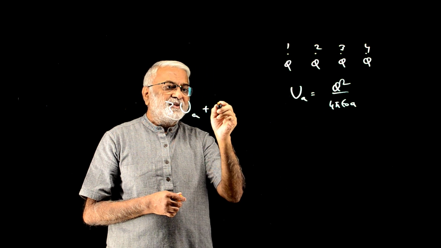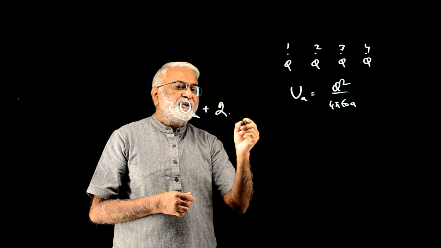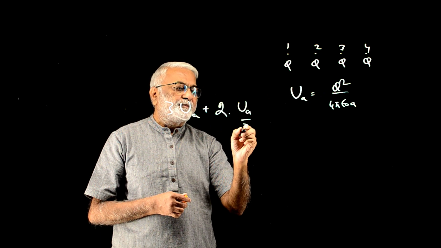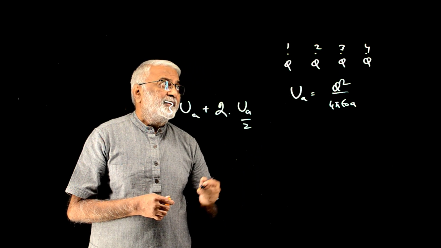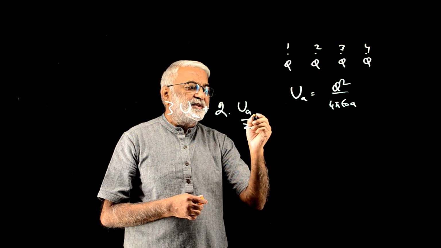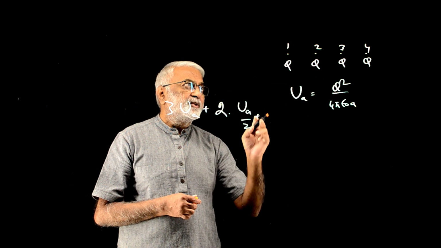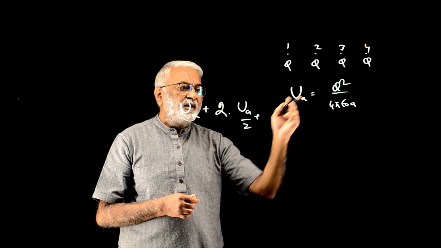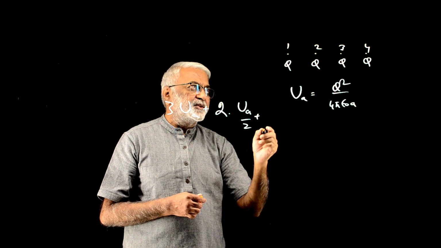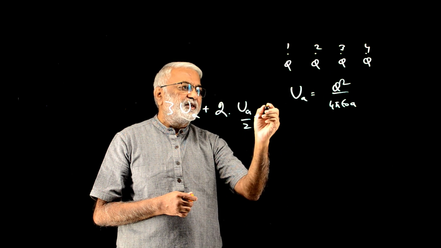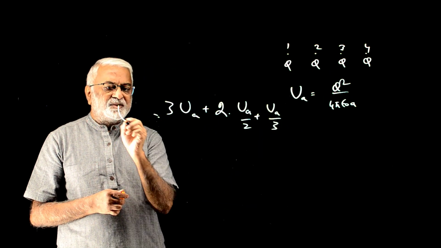So twice, this is the 1 3 pair and the 2 4 pair, and the energy of each pair will be UA by 2, right? Then there is the 1 4 pair, that is the sixth pair. 3 of a kind, 1 2, 2 3, 3 4, then 2 of a kind, 1 3 and 2 4, and the last one, and this is thrice the distance compared to the adjacent charges, so that's UA by 3. There is only one of that kind. So this is the energy of the system.